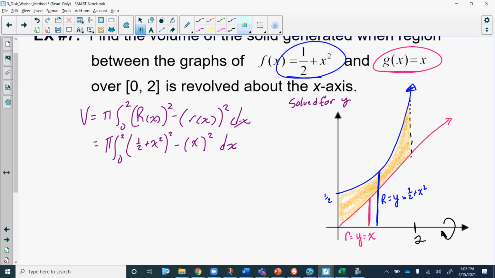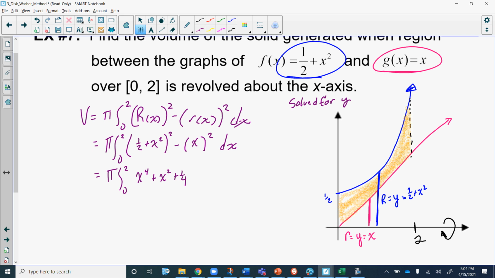And I'm going to go ahead and expand these again so that I can have something that I might be able to simplify. 0 to 2. And 1/2 plus x squared squared is going to give me, oh, nope, not x squared, x to the 4th. And 1/2 and 1/2 will be plus 1x squared, and 1/2 and 1/2 will give me 1/4.